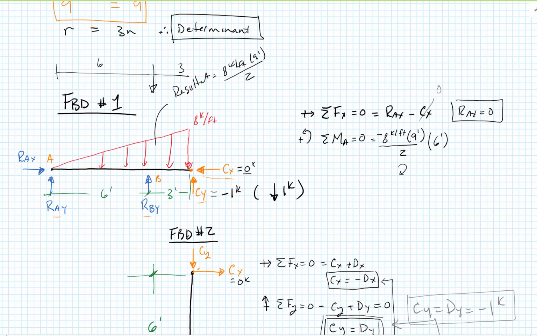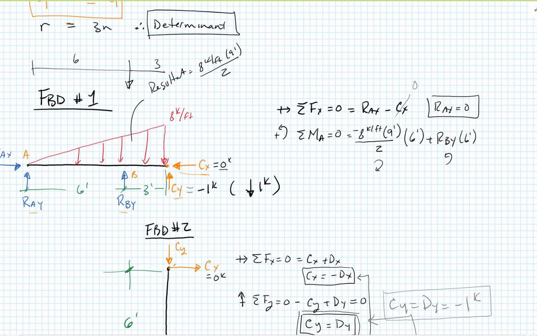I get Rby times 6 feet, and then I get our Cy. So this one here is going this way, and the last component I get is Cy times 9 feet. Okay, the way I've got it drawn, Cy is going this way, but when I put the negative in front, -1 in there, -1 kips, it's really important to watch that sign.